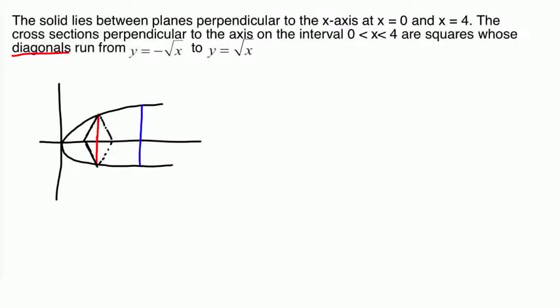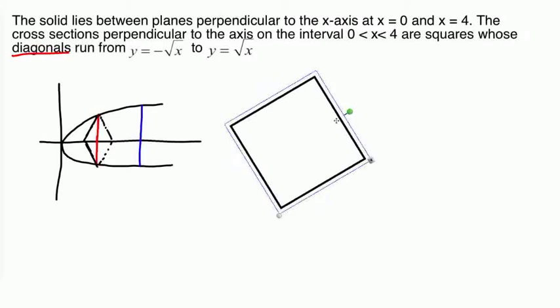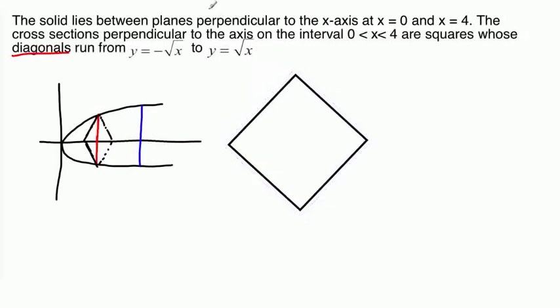And if I take this and pull it out and make it two-dimensional, you're going to get something that looks like this, which is actually going to be rotated a little bit, and whose diagonal is going to be right here. So hopefully you can see that if I pull this little piece out, it's going to look something like this if it's two-dimensional.